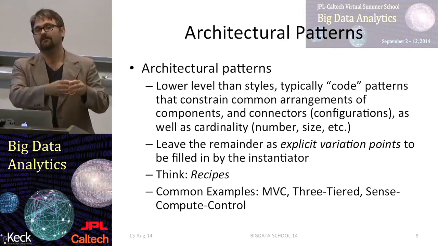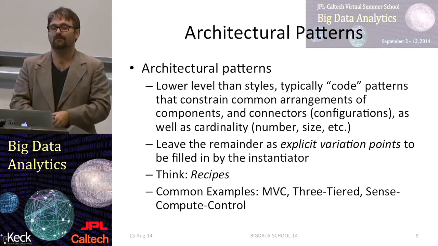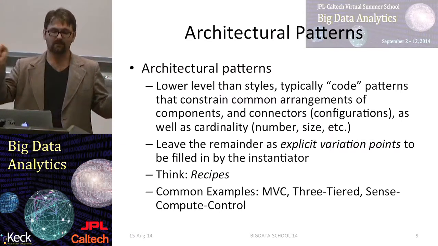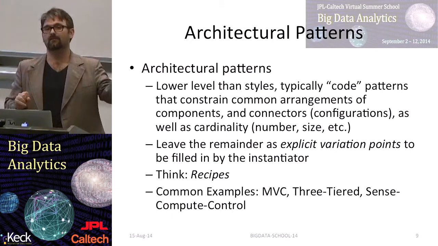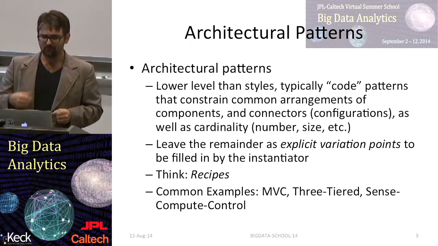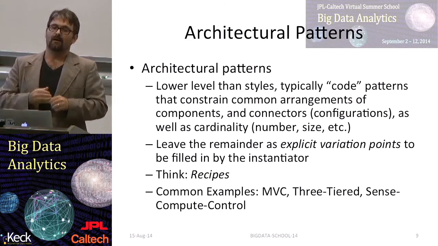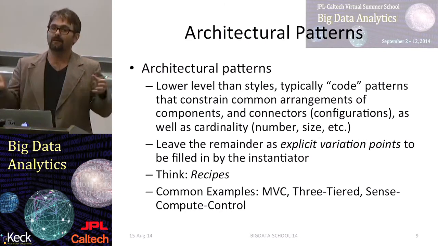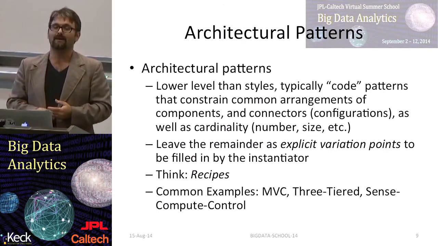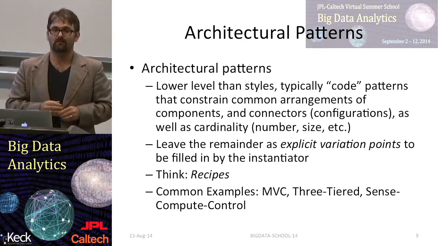Patterns take us closer to the actual implementation of software. Patterns may tell us that there are particular styles of components or connectors in our software system, and that we arrange them in a particular way and they communicate in this way, leaving some information to be specified.